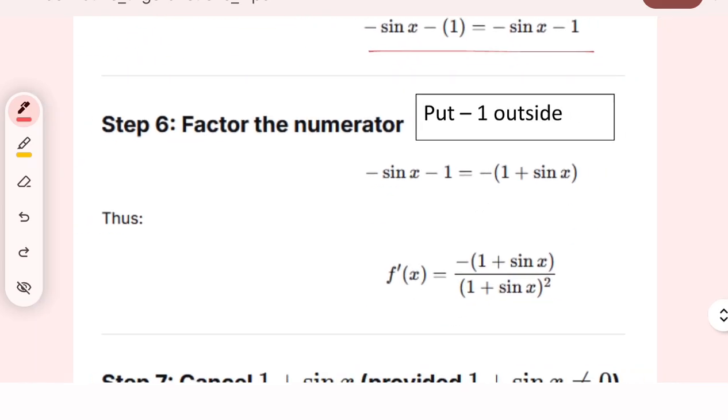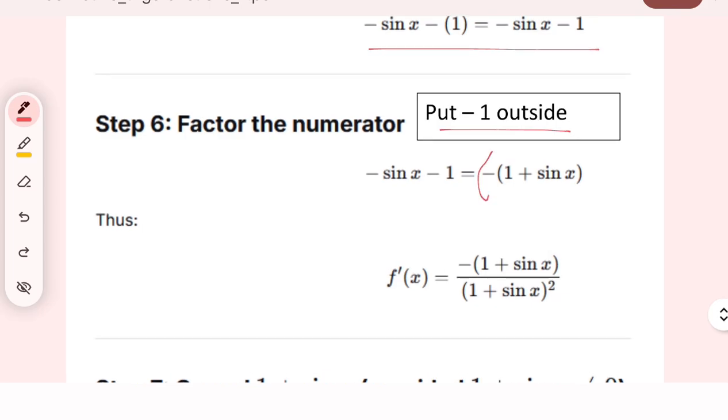And then you can factor out negative 1 and put it outside. As you can see here, it would be 1 plus sine x, right? You know that there is a negative 1 that's common to both terms. So you put the negative outside, so this one becomes positive, and this one would also be positive, right?